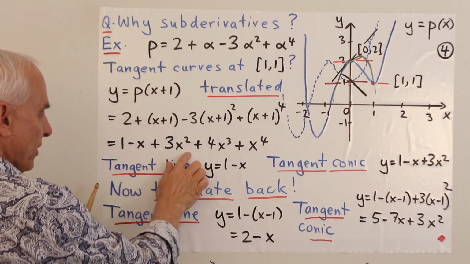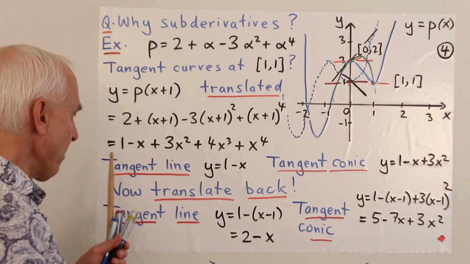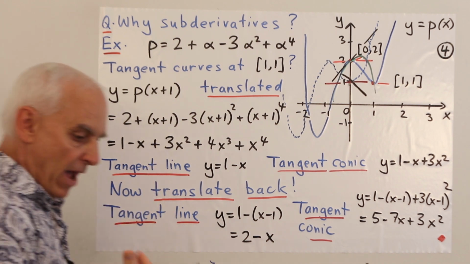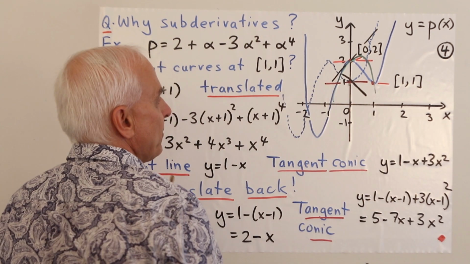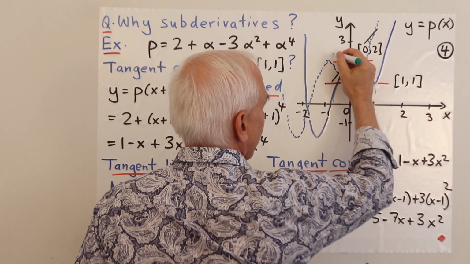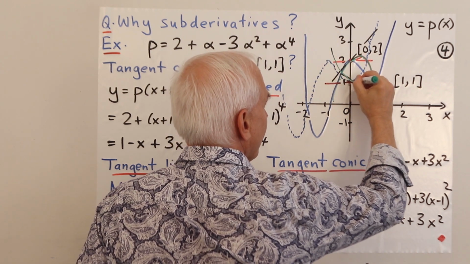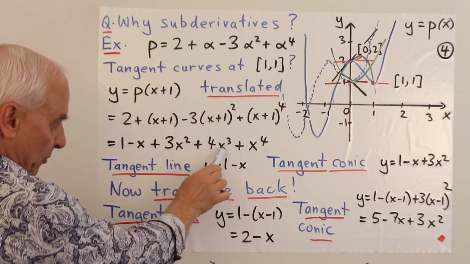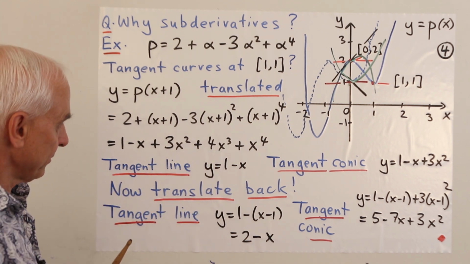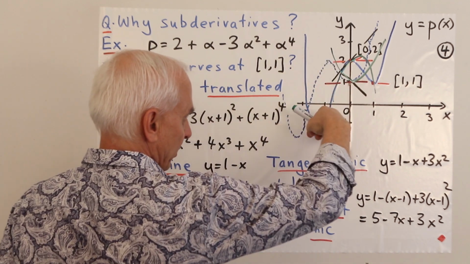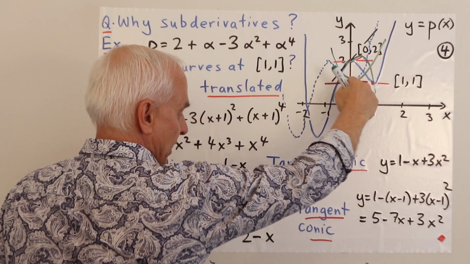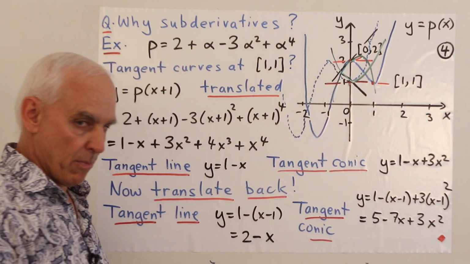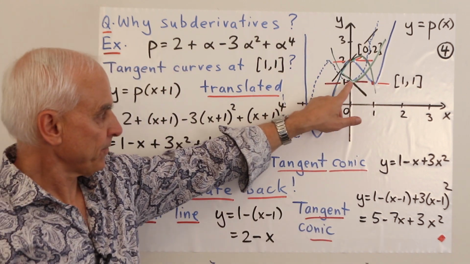Then if we want to pick up the quadratic terms, 1 minus x plus 3x squared, we could graph that. Then we get a quadratic approximation to this thing, maybe something like this, maybe something like that. And then, in fact, we could also pick up a cubic approximation, which I won't attempt to draw, but it might be some kind of cubic that approximates this dotted blue curve pretty well at that point.